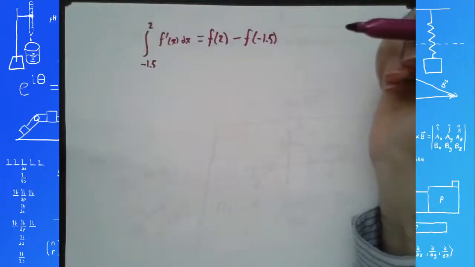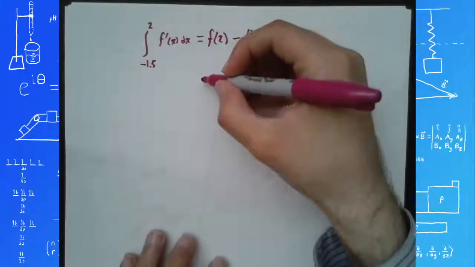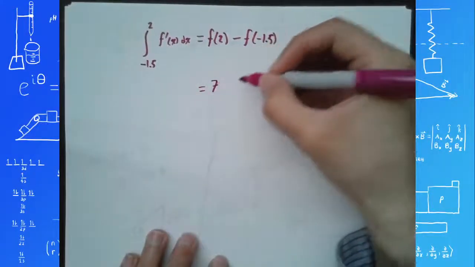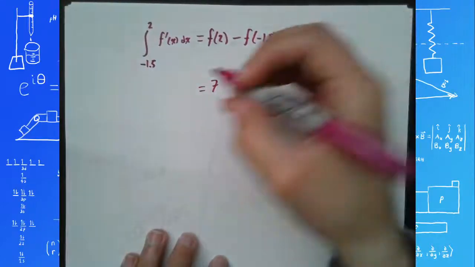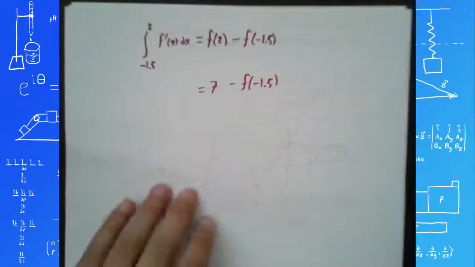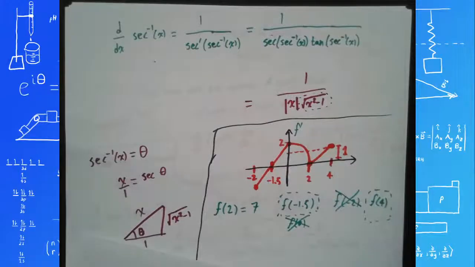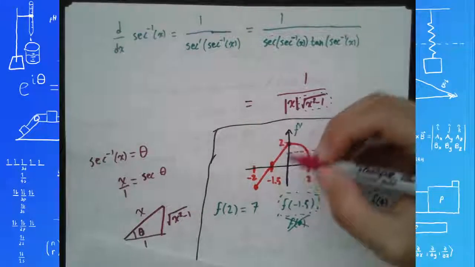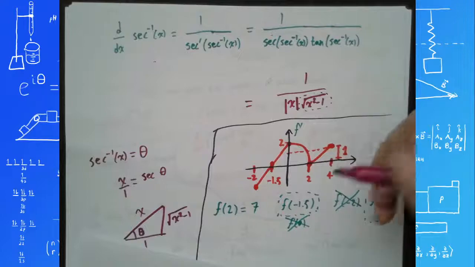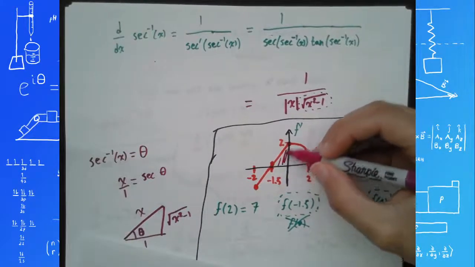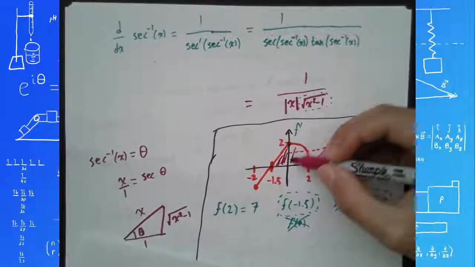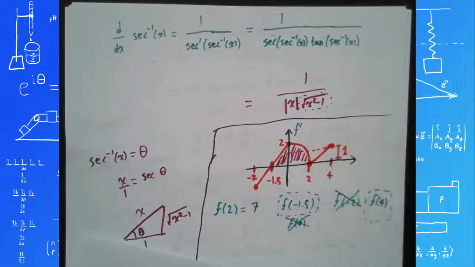Okay, f of 2 we know because it's given to us, it's 7. f of negative 1.5 is what we're trying to find out. And the integral from negative 1.5 to 2 we can calculate. The integral is just the area under the curve, so it's the area of this triangle plus this quarter circle. Let's calculate those areas.